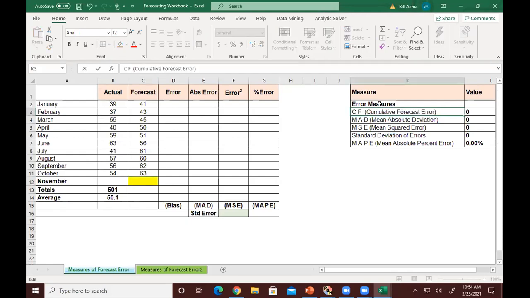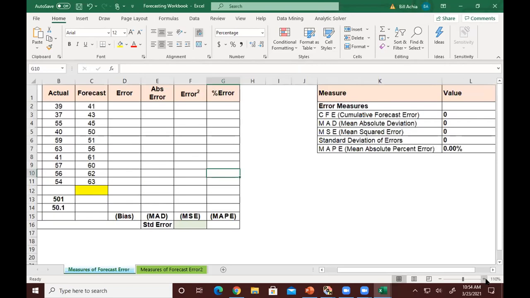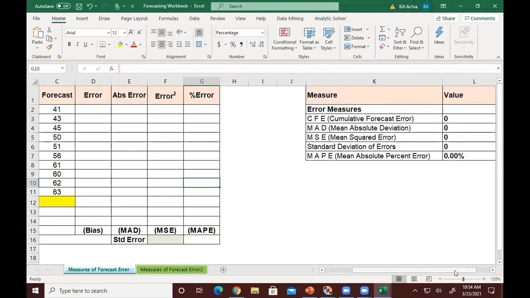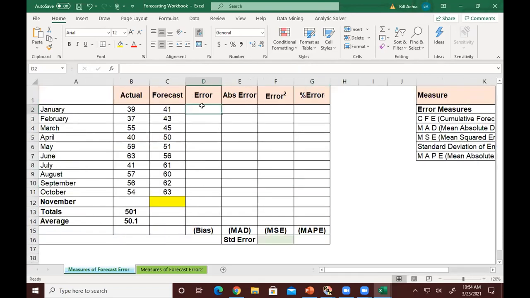Let's start with our CFE. So the cumulative forecast error just basically compares the difference between these two columns, the actual demand versus the forecast, and error is just the difference between these. So very basic, 39 minus 41.